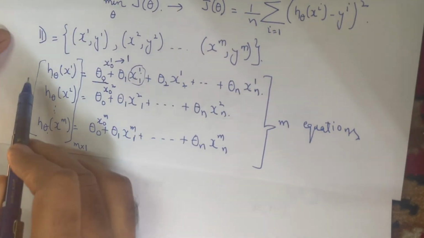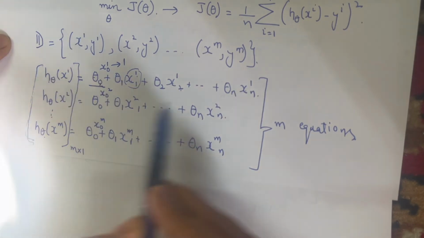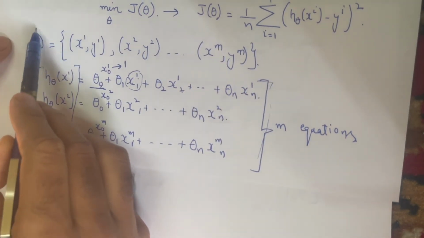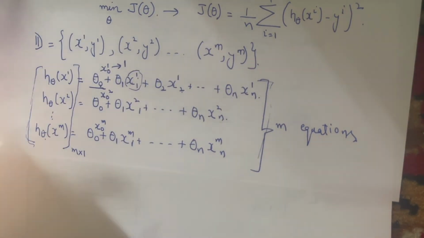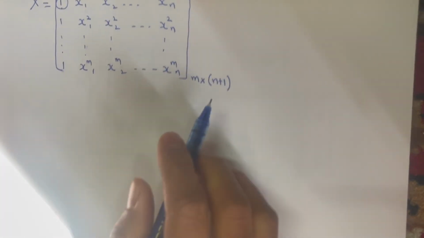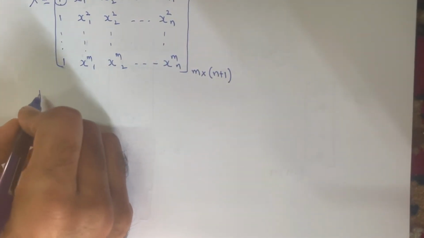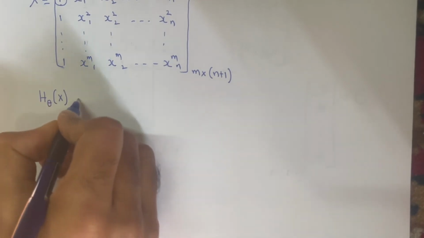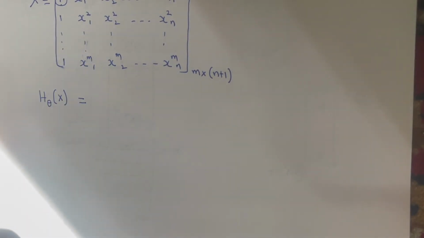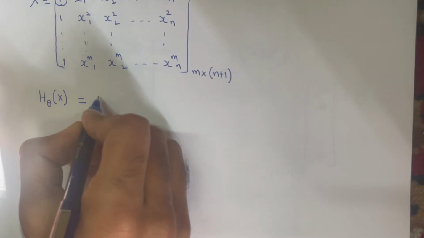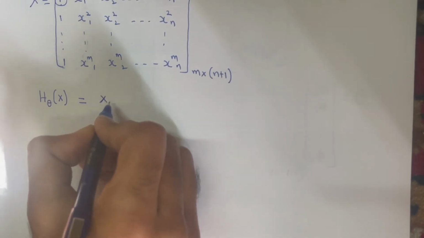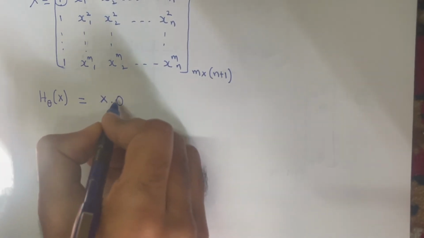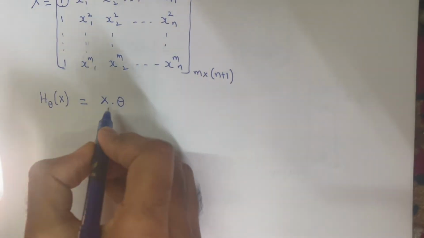Now these equations, the equations that we are capturing for the entire data set, can be written in matrix format like this. So h of theta x will be equal to x dot theta. So what is x?